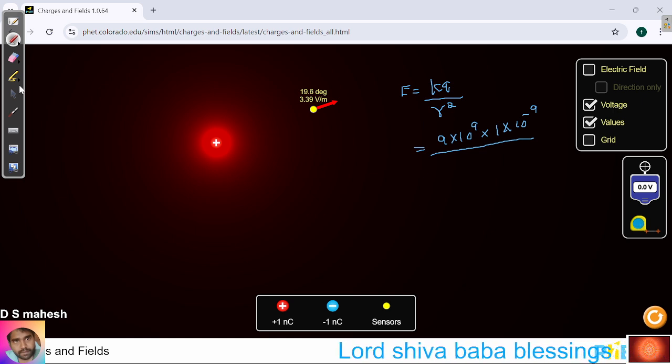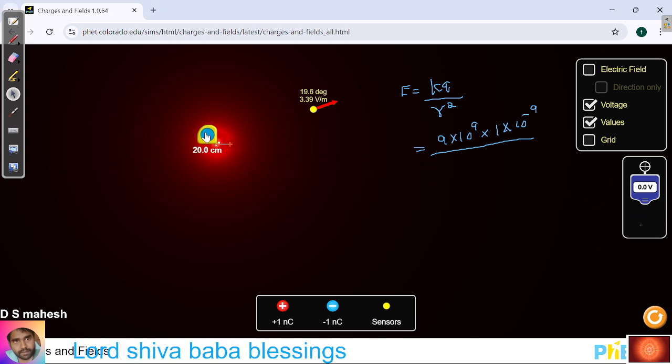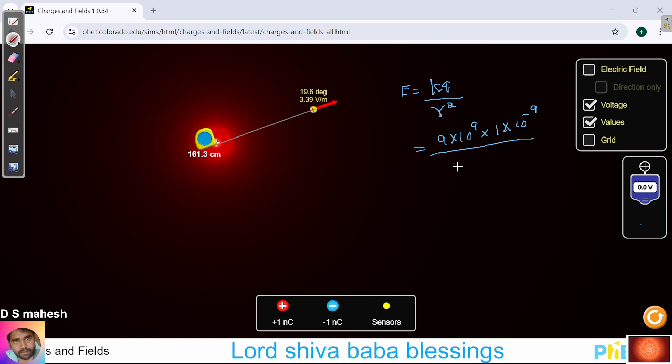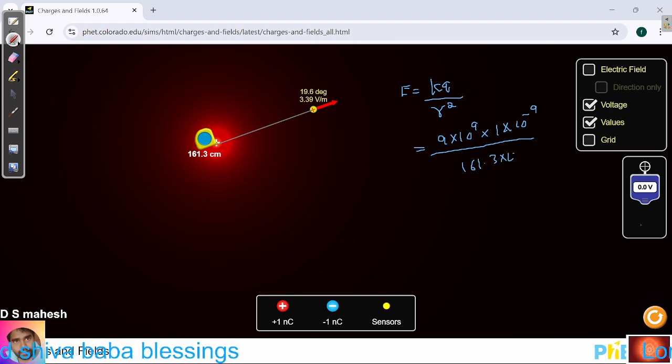The distance is 161.3 into 10 to the power of minus 2 meter, squared.